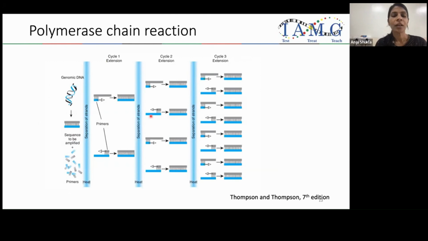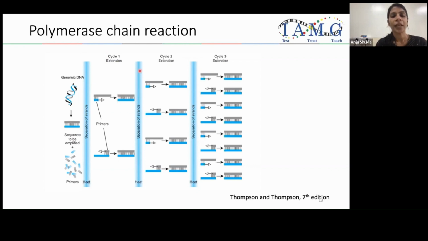So this is what happens inside a thermocycler or a PCR machine. Once we put our genomic DNA, the other chemicals and the primers, and we apply heat, this double-stranded DNA gets resolved into single-stranded molecules. And once it is single-stranded, the primer will come and bind. Both the forward and reverse primers come and bind, which leads to synthesis of another strand of DNA.